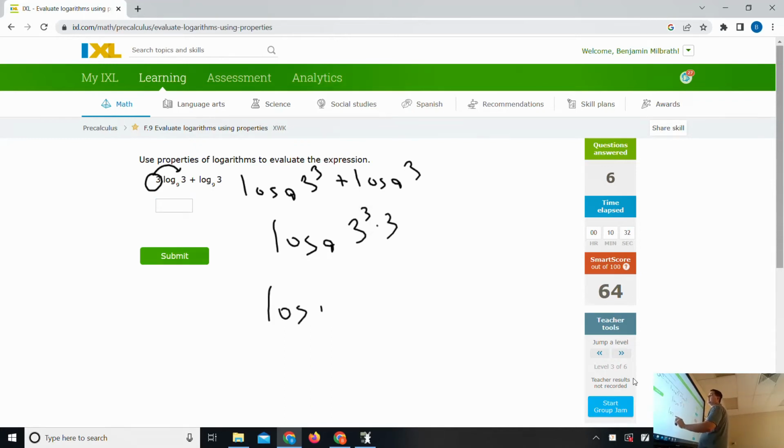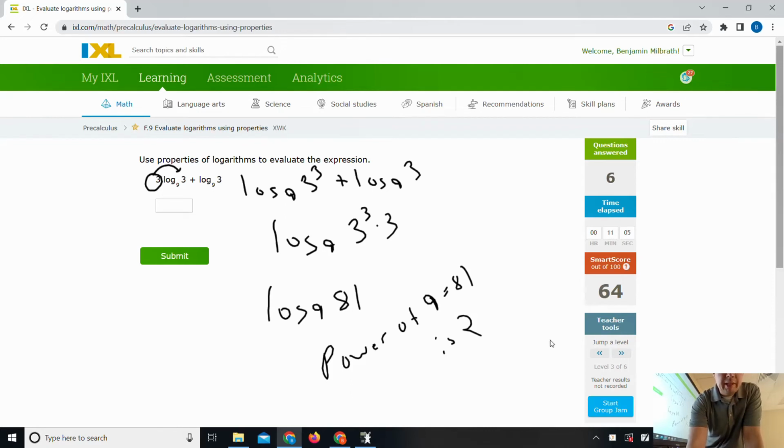And this is a log base 9 that contains 3 to the 4th, which should be a big number that I'm really too tired to do right now. It's 9 times 9, it's 81. I don't know what's wrong with me. 81, right? So anyways, the power of 9 equal to 81 is 2.